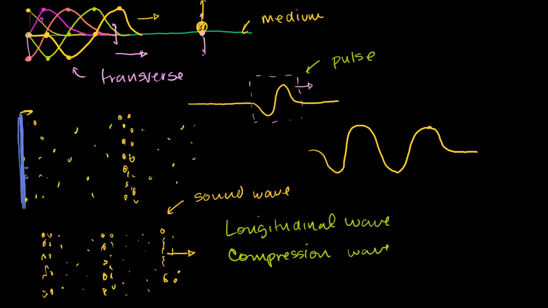So this right here is a periodic wave. And in the next video, we're going to talk about a lot of the properties of a periodic wave, how the wavelength and its frequency and its period relate to its velocity and all of that. But I'll leave that alone in this video.